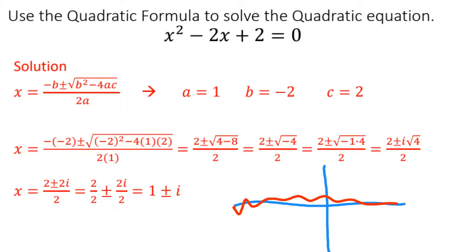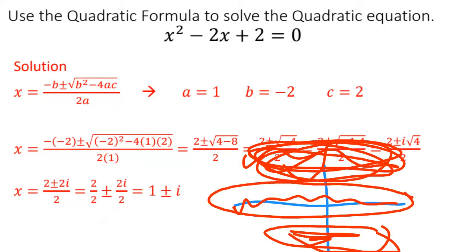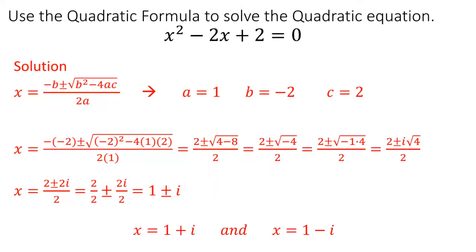So that means that my graph is going to be somewhere up here in this top part, right? Or it might be down here, but the main thing is that it's not going to cross this x-axis because it's an imaginary solution. So my answers are x equals 1 plus i and x equals 1 minus i.